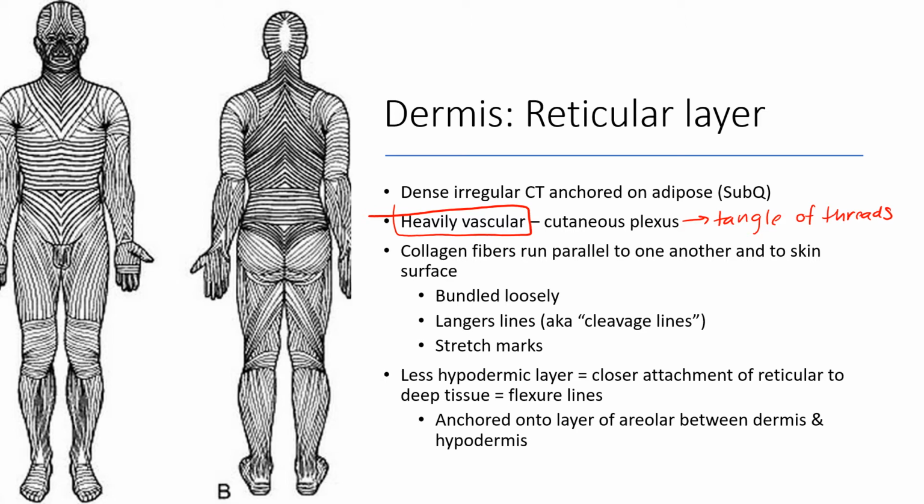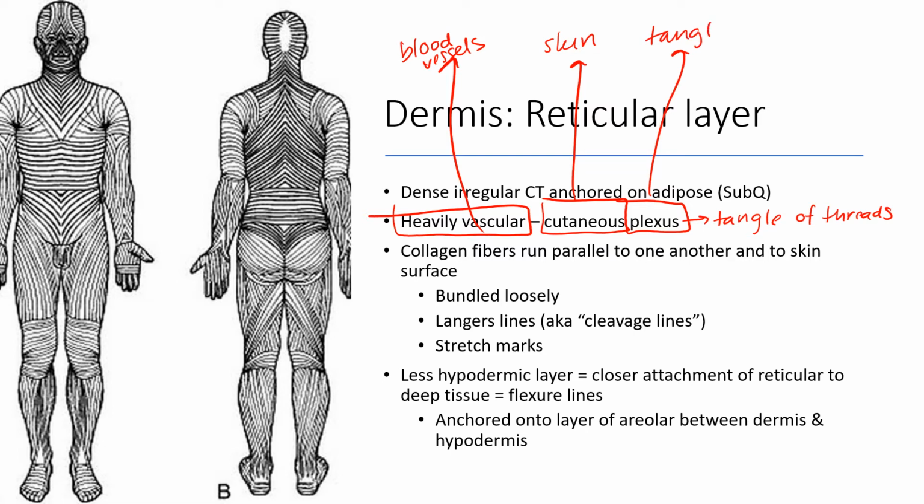And when you have a lot of them coming and going and interweaving with one another and communicating with one another, that's called a plexus. So what this should tell you is that if it's vascular, it's blood vessels. Cutaneous refers to the skin, and plexus is that tangle. So it's a tangle of blood vessels immediately under the skin.